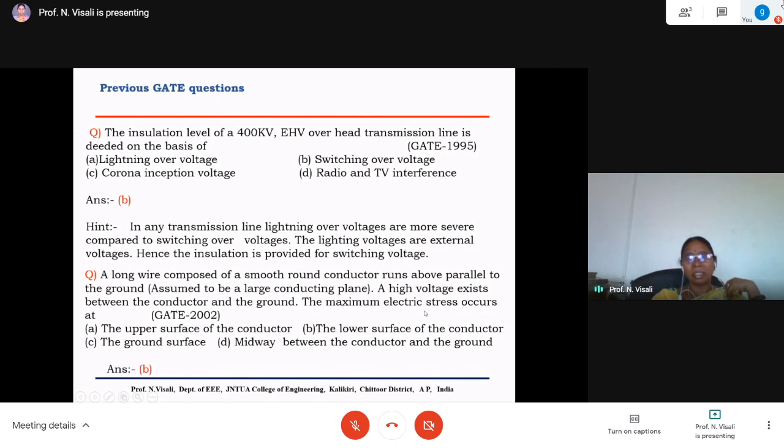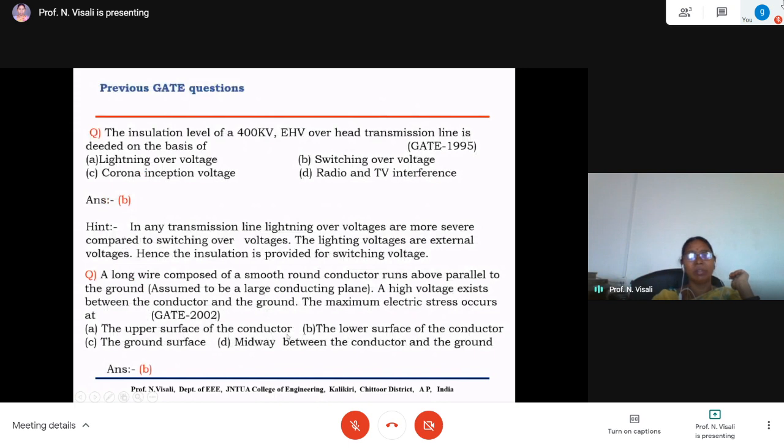The maximum electric stress occurs at: the upper surface of the conductor, the lower surface of the conductor, the ground surface, or midway between the conductor and ground. So how will we answer this? The lower surface of the conductor is what they are giving.